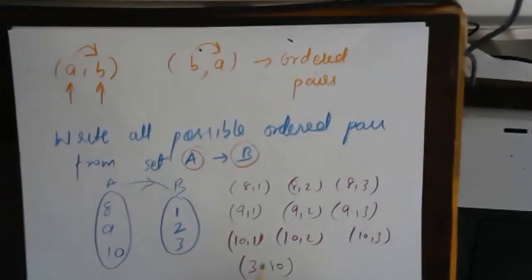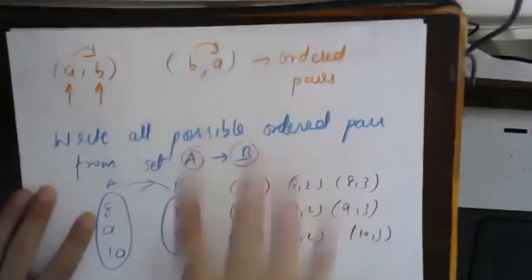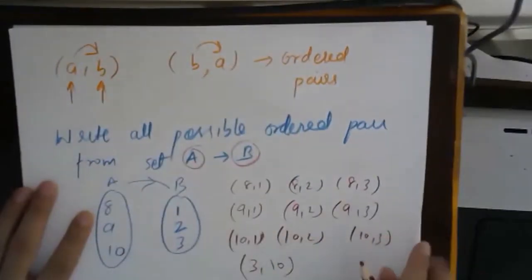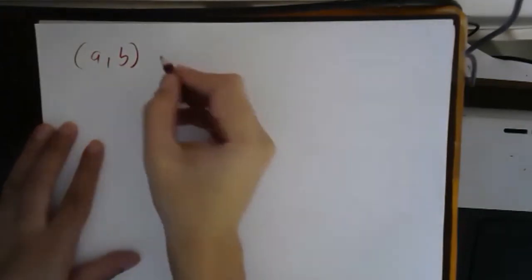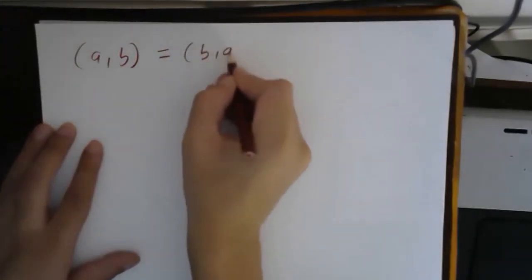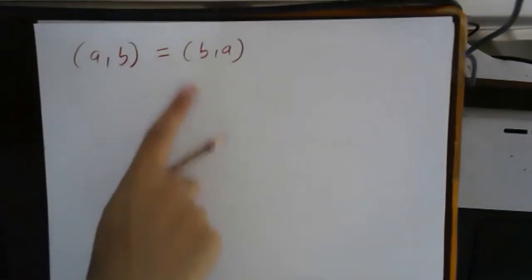Now one of you is saying, yeah, correct. Fine, this is okay. Now see. Suppose I am saying that (A, B), this is an ordered pair, is equal to (B, A).